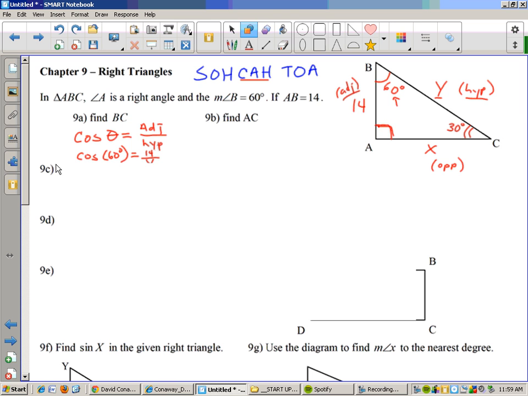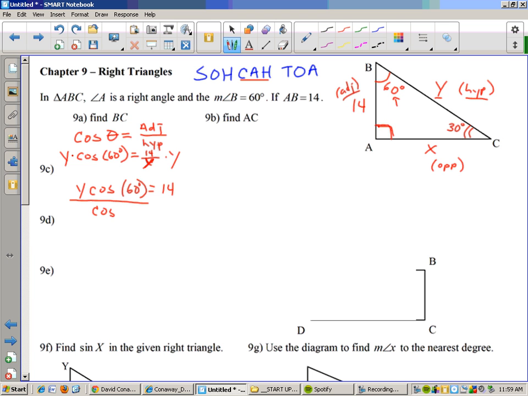All right. So as I said, it was 14 over y here. And so if I multiply both sides by y, I get y cosine of 60 degrees equals 14. And then to solve that, I am going to be dividing both sides by cosine of 60 degrees.